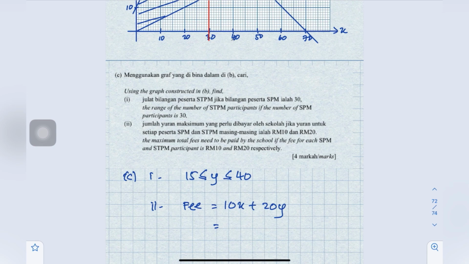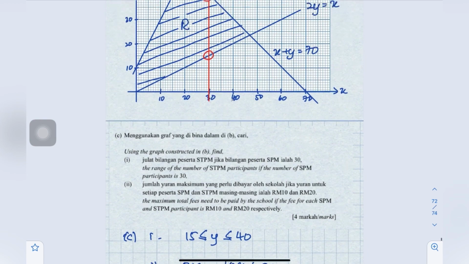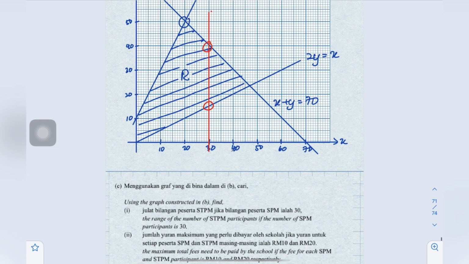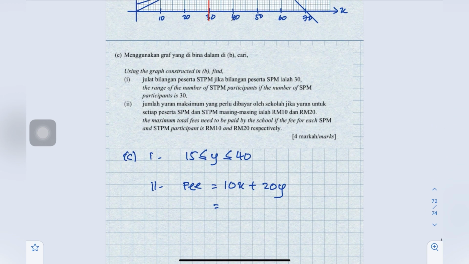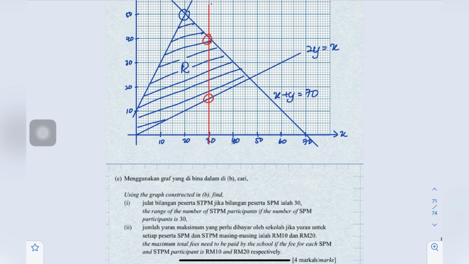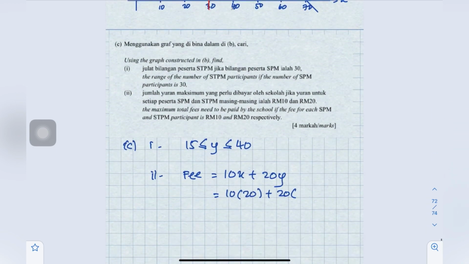To find the maximum, we have to find the point furthest from the origin. Here, the furthest, which is x equals 20 and y equals 50. So 10 times 20 plus 20 times 50, which equals 200 plus 1000, which is 1200.